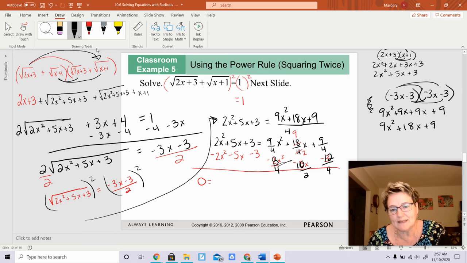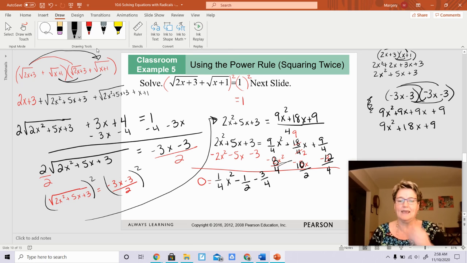So you will end up with 1/4 x squared. This one will give you 9/2, and that's going to be a negative 10/2. So it's going to be a negative 1/2. This one here is going to give you a negative 3/4.